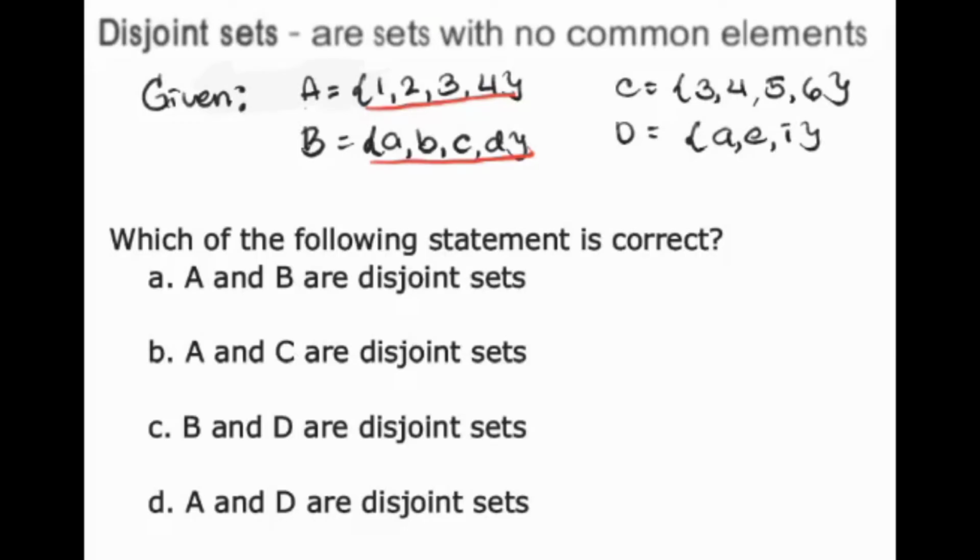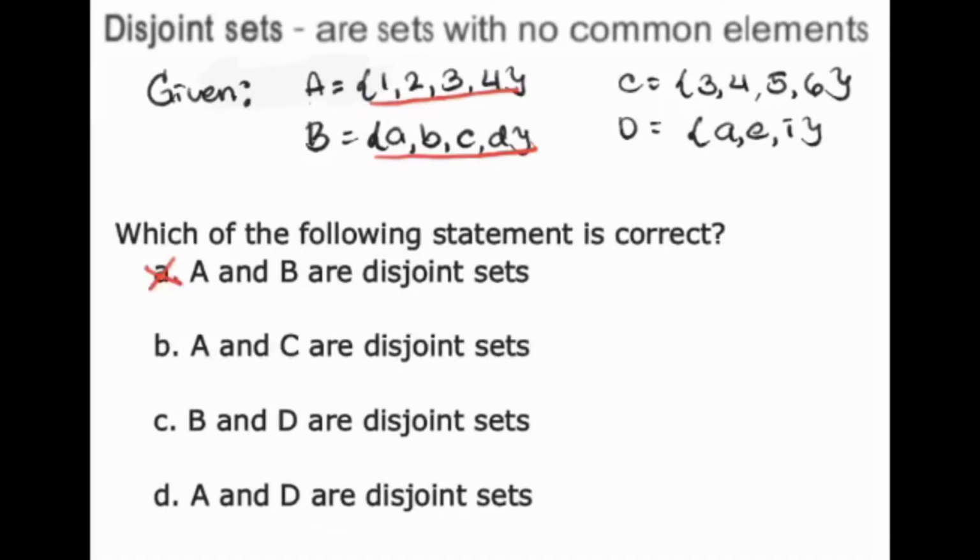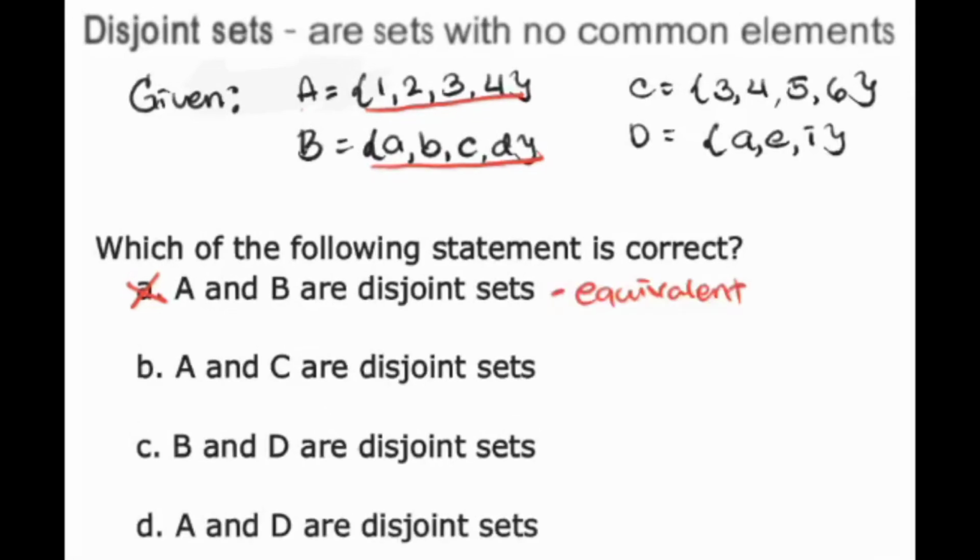So, although wala silang common element, pero hindi pa rin sila considered as disjoint sets. Bakit? Kasi po, mas mataas yung relation ng A and B compare sa disjoint sets. Okay? Wala man silang common elements, pero same ang kanilang number of elements, so consider sila as equivalent. Mas i-consider nila ang pagiging equivalent set nila compare sa pagiging disjoint.